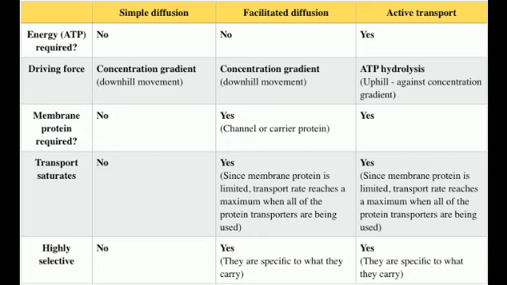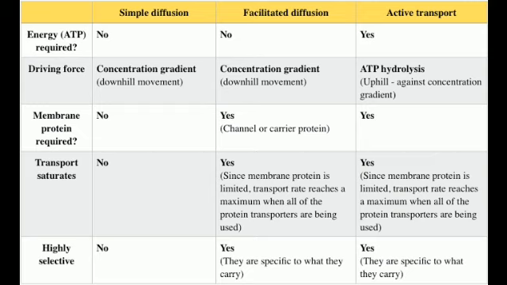Simple diffusion does not require any membrane proteins, but facilitated diffusion and active transport require membrane proteins. The proteins which are used in facilitated diffusion are called channel or carrier proteins, and the proteins which are involved in active transport are called pumps.